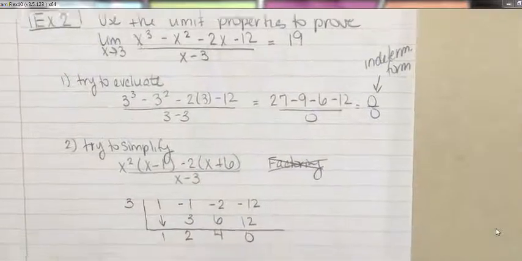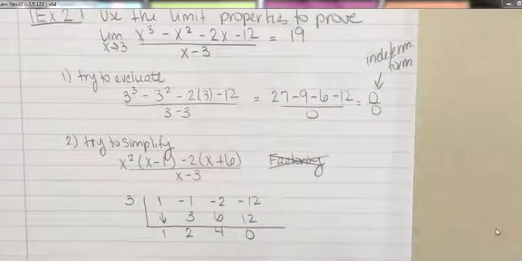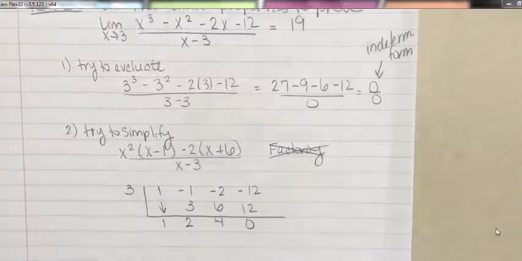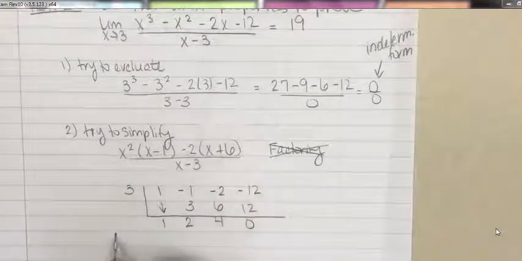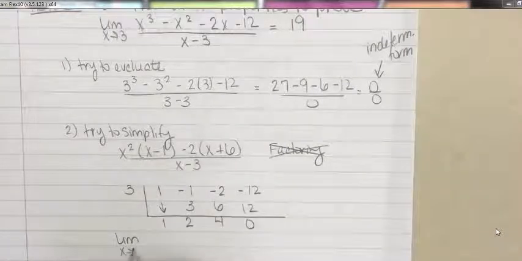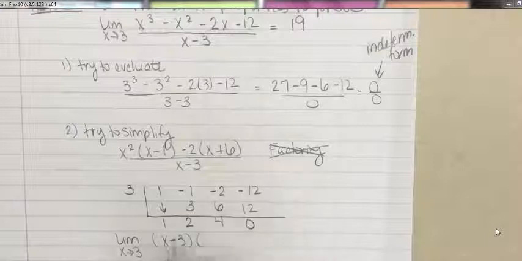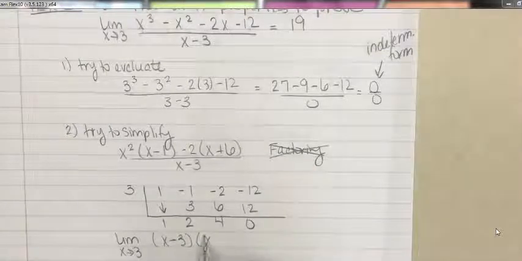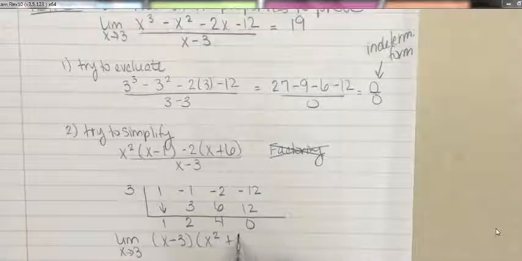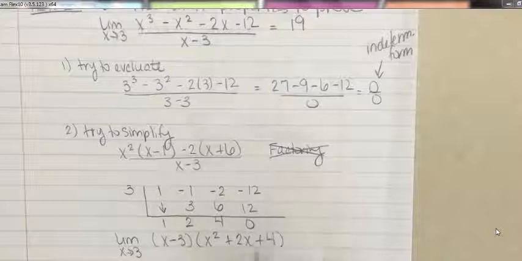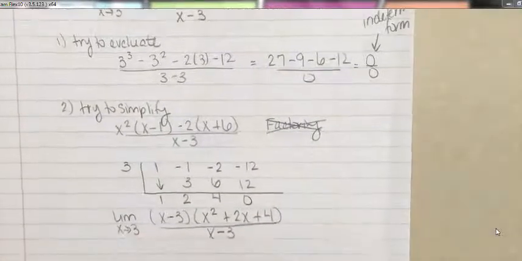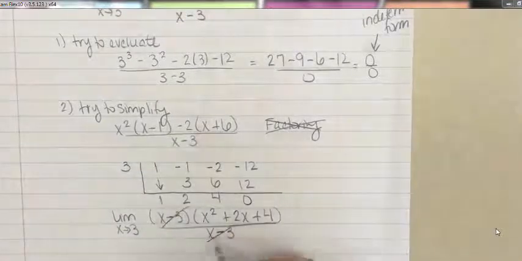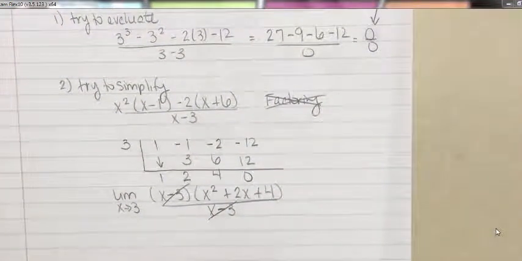In fact, x minus 3 is a perfect factor. So I can factor this. Let's rewrite: the limit as x goes to 3. The numerator could be x minus 3 times what's left here, which is x squared plus 2x plus 4, all over x minus 3. Now you can see I can simplify that x minus 3.